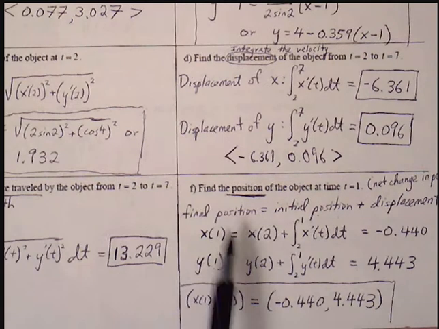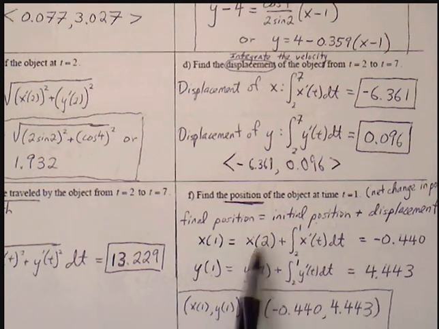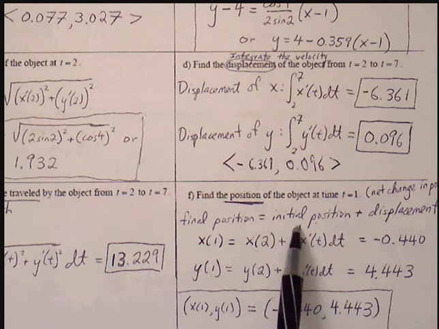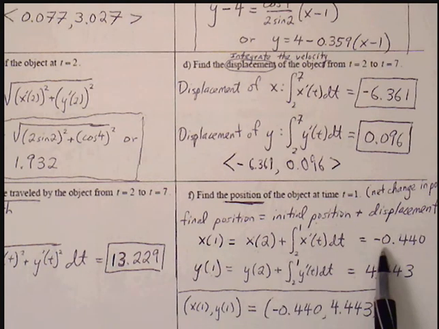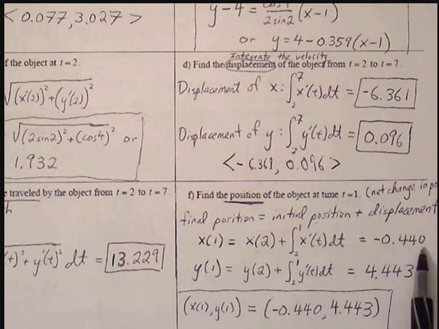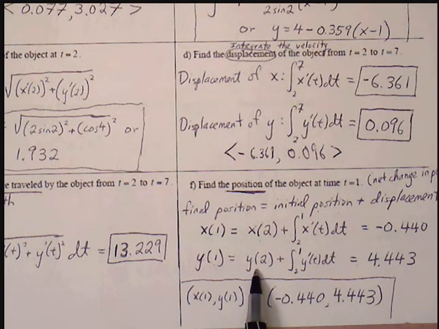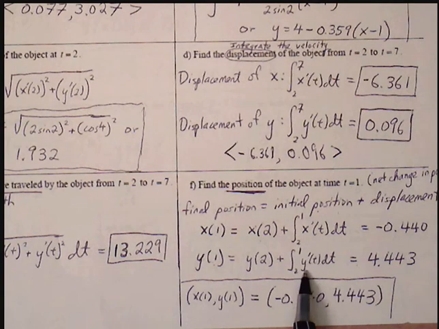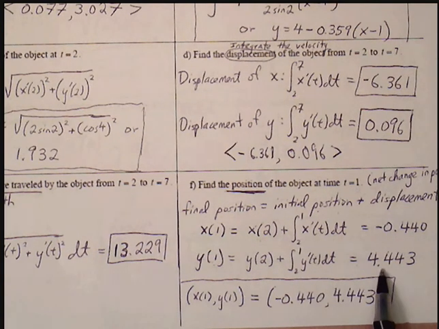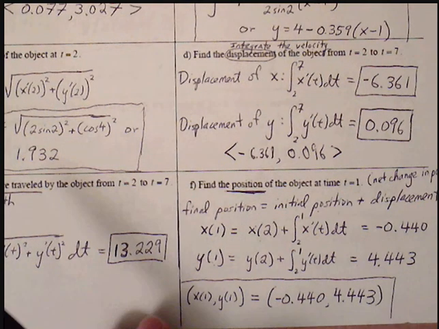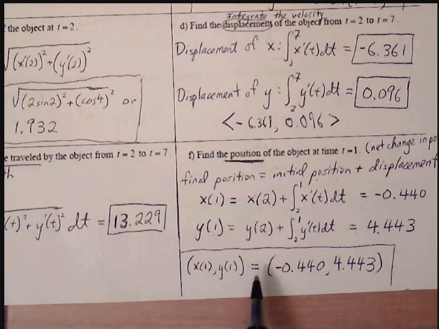So x of 2, which we know is 1, plus the definite integral from 2 to 1 of x prime of t, gives an x value of negative 0.440. And then for y of 1, we take y of 2, which is 4, plus the definite integral from 2 to 1 of y prime of t. We use the fnInt feature on our calculator, and that gives 4.443. So our final position will be negative 0.440 and 4.443.